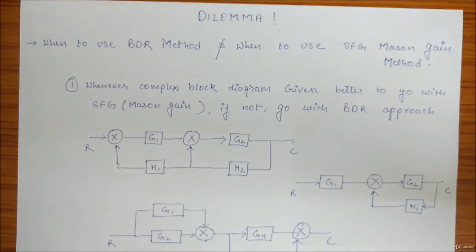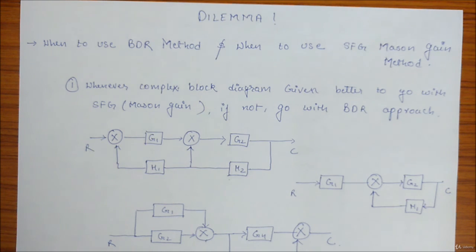So finally, to summarize it one more time, we started with block diagram and blocks. We saw summer, blocks, takeoff point. Then we saw reduction techniques, 6-7 reduction techniques. Then we worked one example where we saw it is computationally expensive.